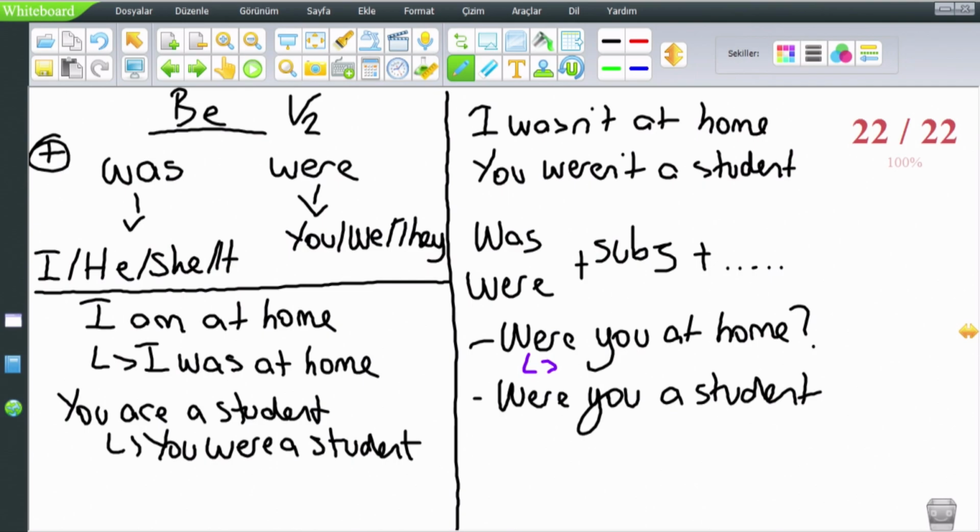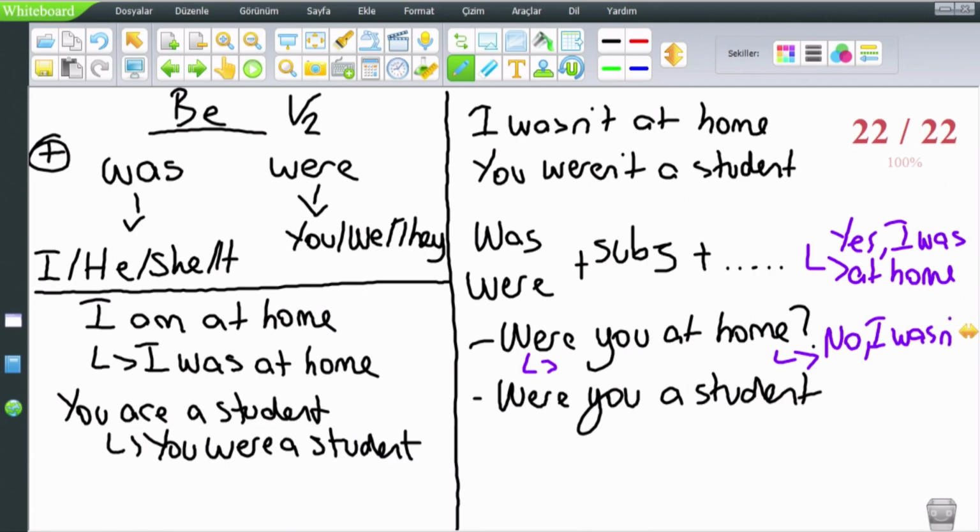Let's give answers for both of these questions. If I want to give a positive answer, I can say, yes, I was. This is my short answer. If I want to give a long answer, I can say, yes, I was at home. And the negative answer is, no, I wasn't. And if I want to continue from here, no, I wasn't at home, it can be our long answer.